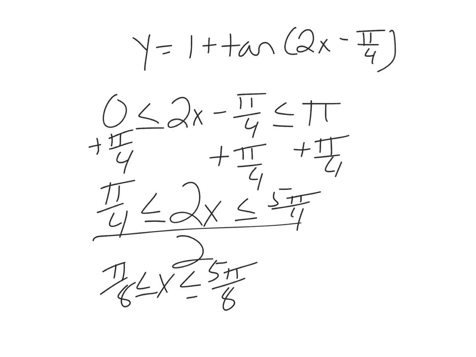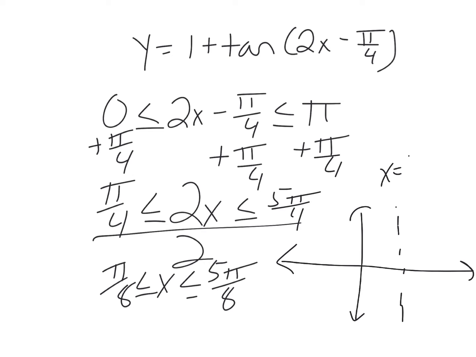So that's one cycle there. And with a cycle of tangent, just keep in mind, there's going to be an asymptote right in the middle of whatever our cycle is. So right in the middle of pi over 8 and 5 pi over 8 will be 3 pi over 8. Here's the estimate of 3 pi over 8.